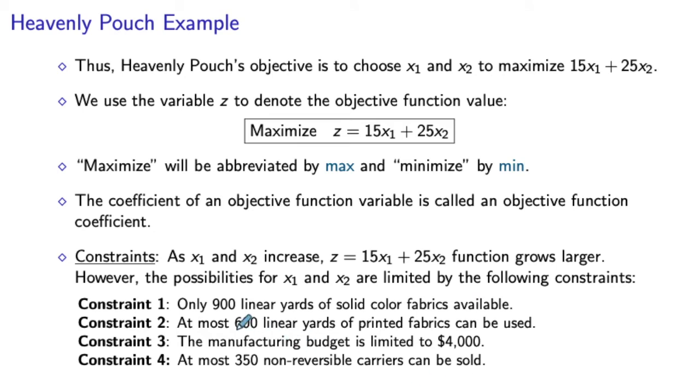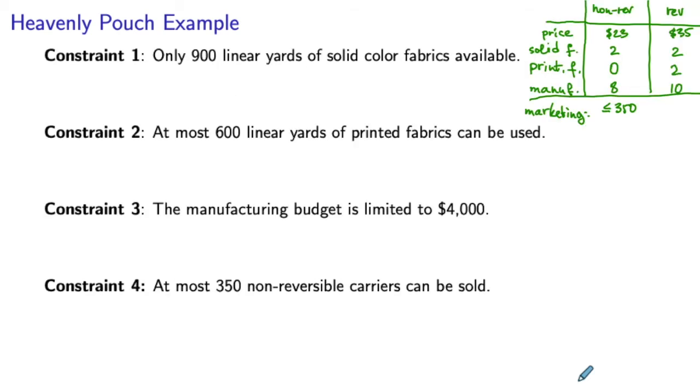So we had only 900 linear yards of solid color fabric available. Then we also had the limit on the amount of the printed fabrics that we can use, and we had the limit on the manufacturing budget, as well as this marketing consideration that told us that we cannot sell more than 350 non-reversible carriers. So let's discuss how we can formulate these constraints in terms of our decision variables.